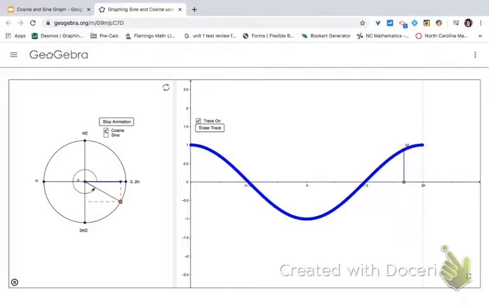And if I were to keep going, that wave is going to keep going. Also, one key important feature to notice about the cosine graph is it starts at 1 because at 0 degrees or 360 degrees, my x value is 1.